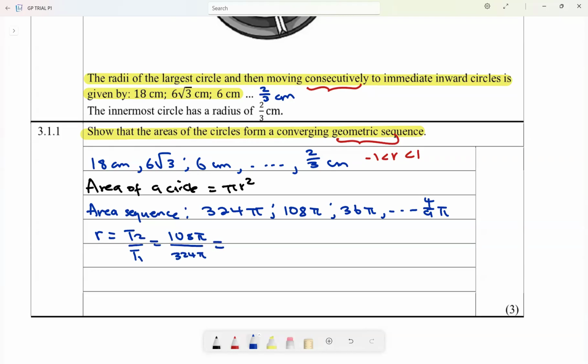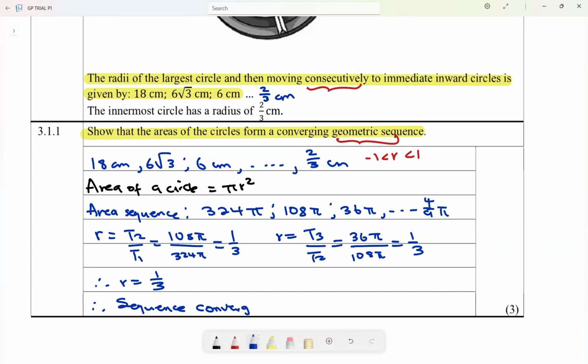So this gives me 1/3. And then let me try to see again, if I use T3 divided by T2, if it is consistent now. 36 pi divided by 108 pi. And indeed, it does give me 1/3. So the constant ratio, how much is it? 1/3. And then I'm going to say the sequence converges.